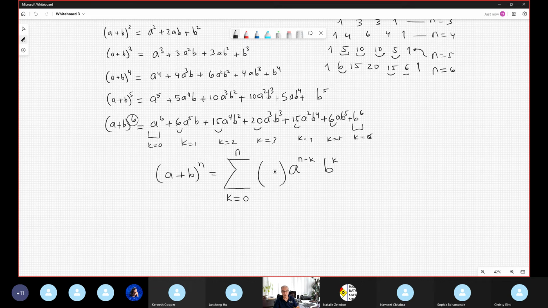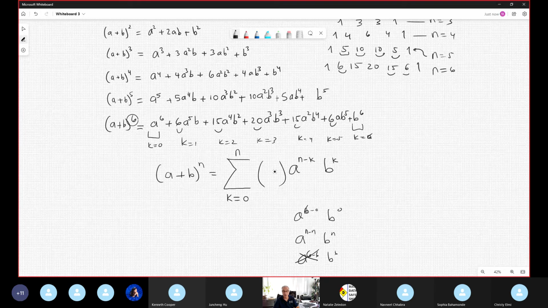From k equals 0 it is A to the n minus 0 and B to the 0. That is the reason we have A to the 6 and not B, because B to the 0 is 1. And the last is A to the n minus n and B to the n. In this specific case, A to the 6 minus 6 and B to the 6. 6 minus 6 is 0, so that is the reason we have no A and we have B to the 6. Makes sense, right?